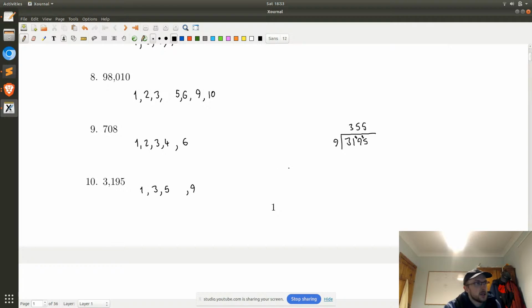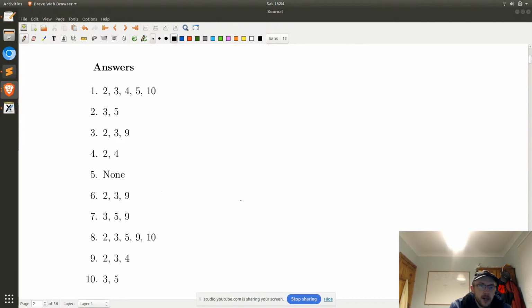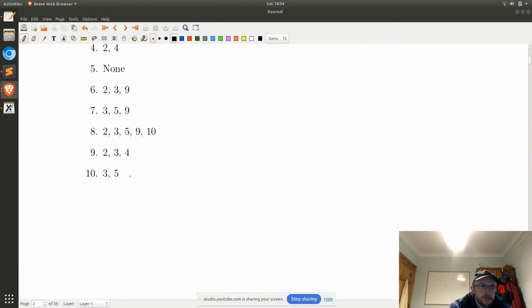So they did get an answer wrong. 9 actually is a divisor of 3,195. See?